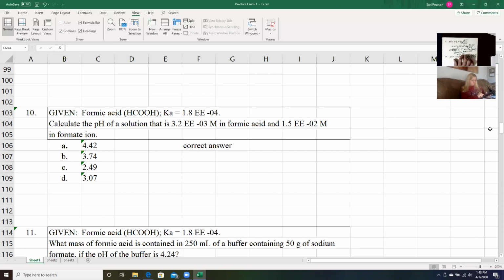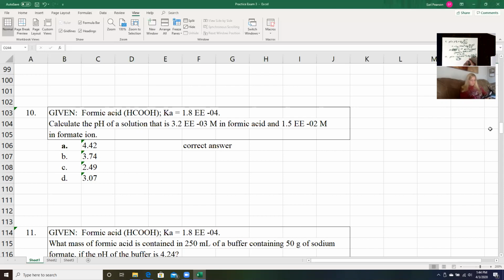I'm checking my screen, minus log 1.8 times 10 negative 4 plus the log 1.5 times 10 negative 2 divided by 3.2, 10 negative 3, close the parenthesis, that looks right. So I should get 4.38. That's what I get.